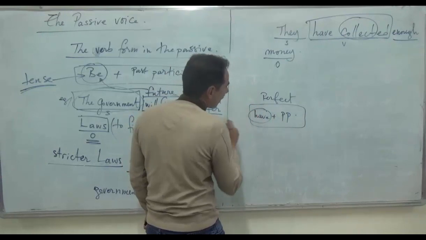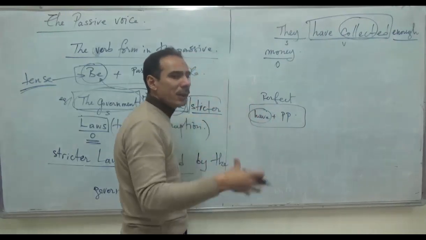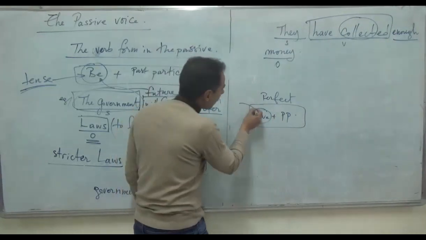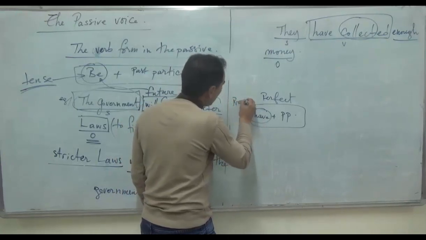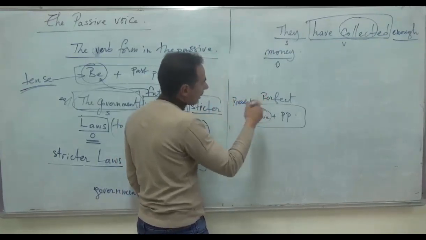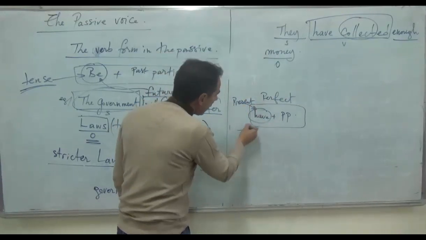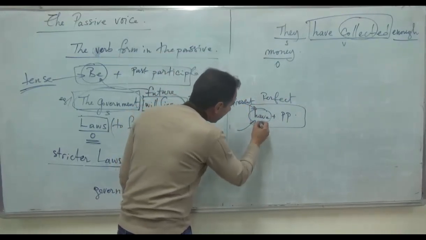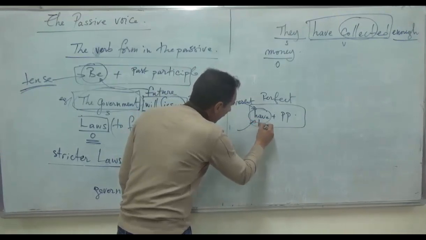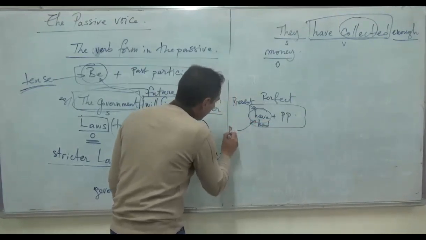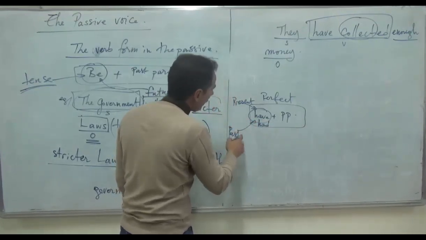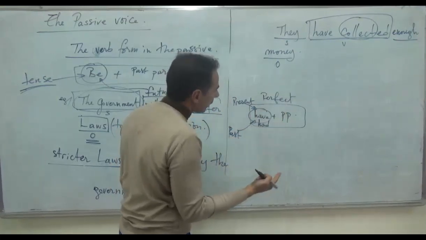So here also, it is the same thing. It is always the auxiliary that changes tense. If have is in the present, have or has with he, she and it, it is the present perfect. If it is in the past, have becomes had and we have the past perfect.